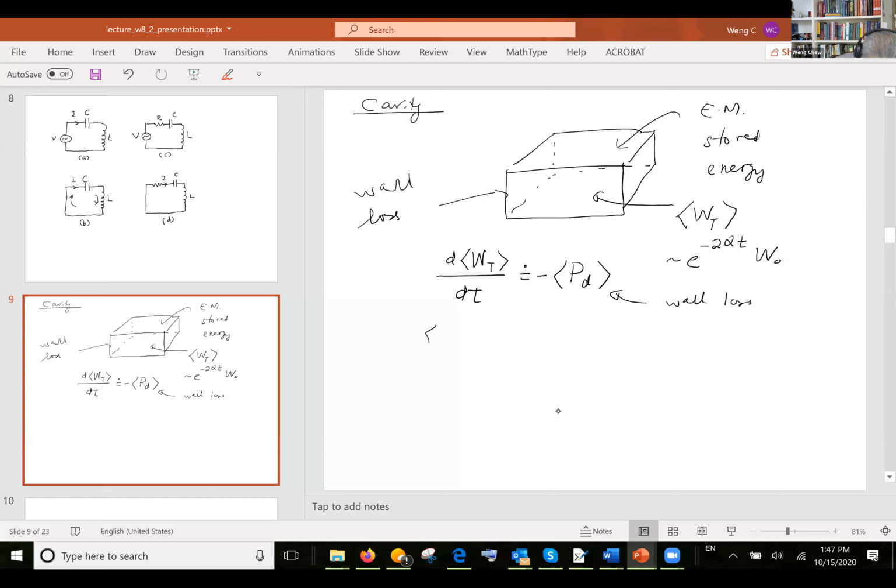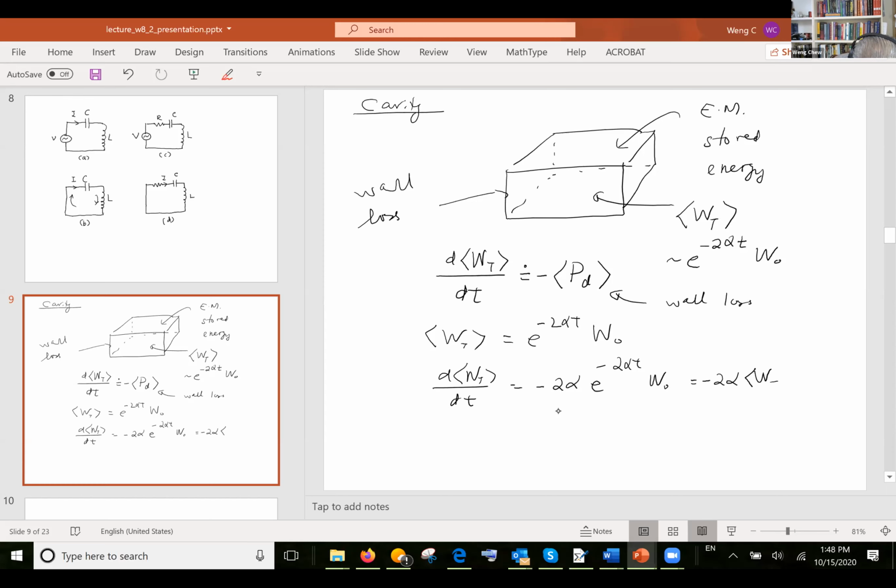But if W(t) is going to be of this form by our argument just now, then we know that d/dt of W(t) is minus 2 alpha e to the minus 2 alpha t W0, and this is just minus 2 alpha W(t).